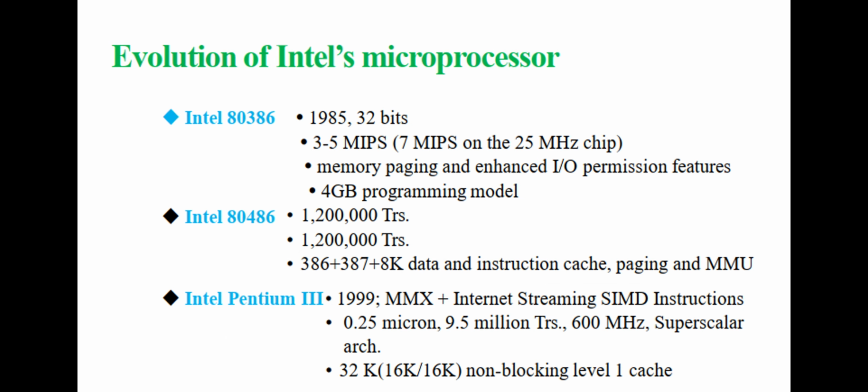Evolution of Intel's microprocessor. Intel 80386, 1985, 32 bits, 3.5 MIPS, 7 MIPS at 25 MHz. Memory paging and enhanced I/O permission features, 4 GB programming model. 1,200,000 transistors. 386 plus 387, plus 8K data and instruction cache, paging and MMU: Intel 80486.